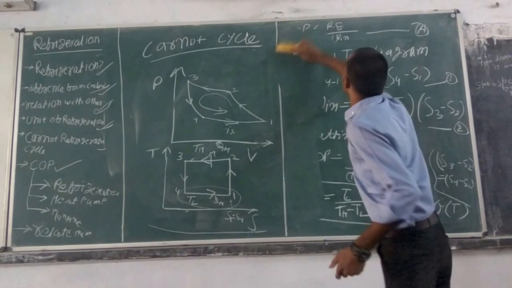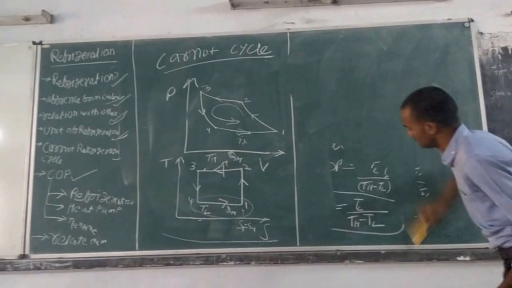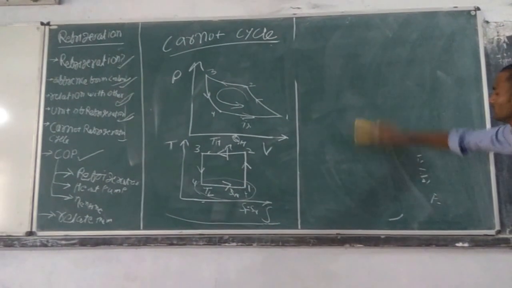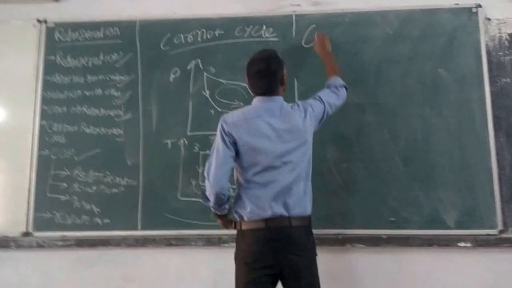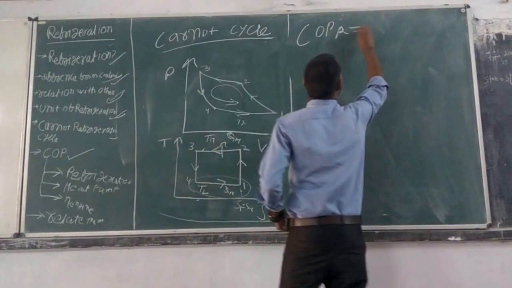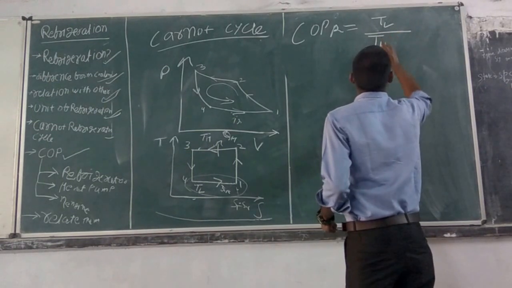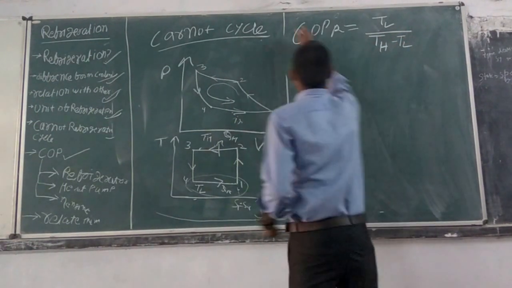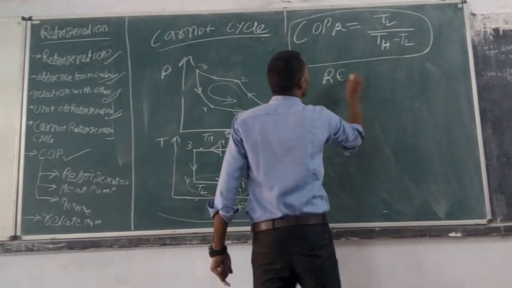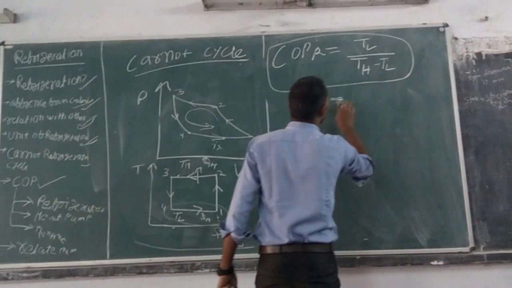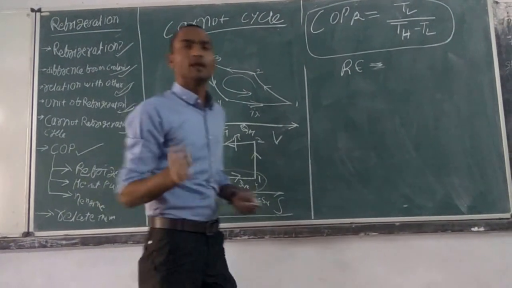So coming on to the next, we get COP of R is TL upon TH minus TL, as here our refrigeration effect is to maintain the temperature lower than the atmosphere.